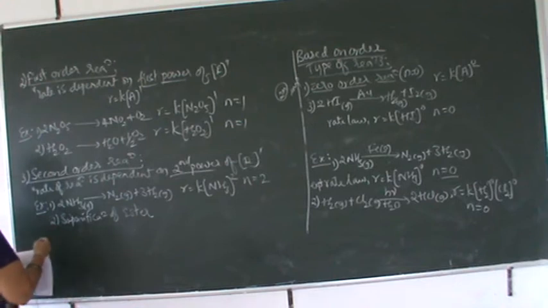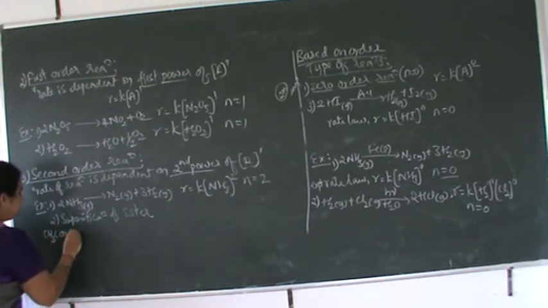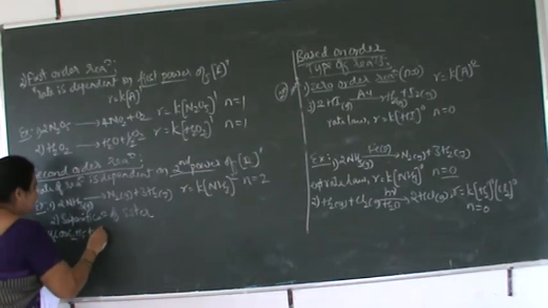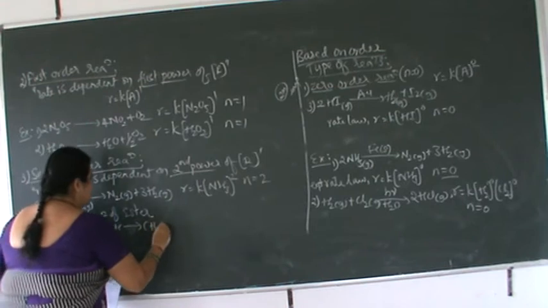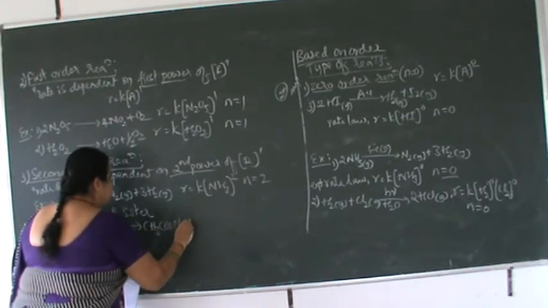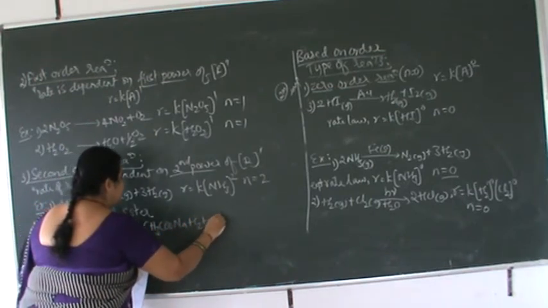In this reaction, CH3COOC2H5 plus NaOH gives CH3COONa plus C2H5OH.